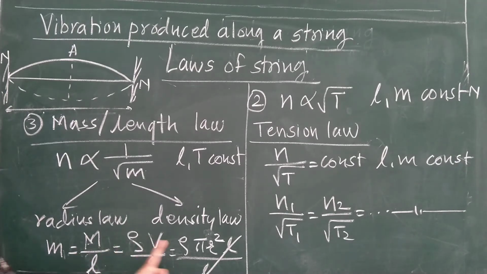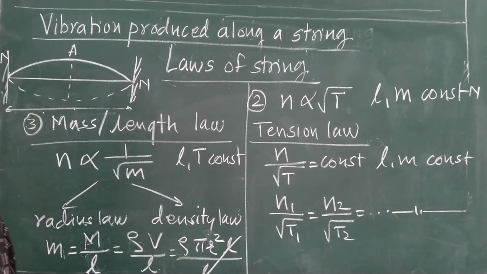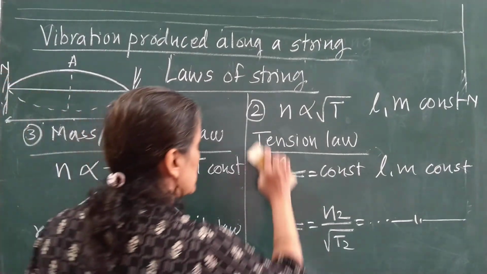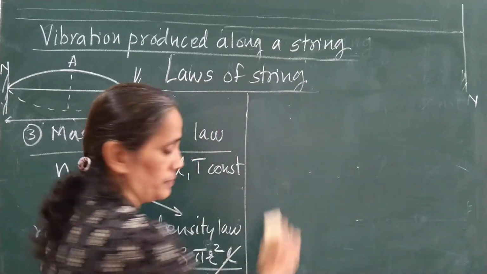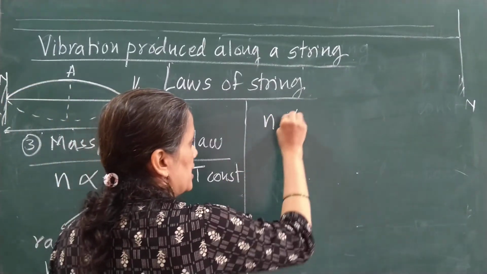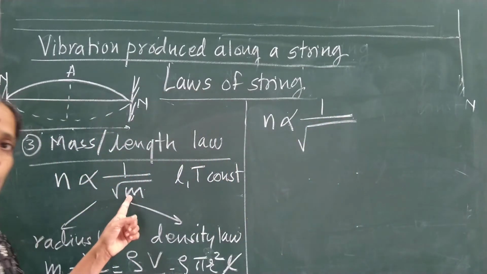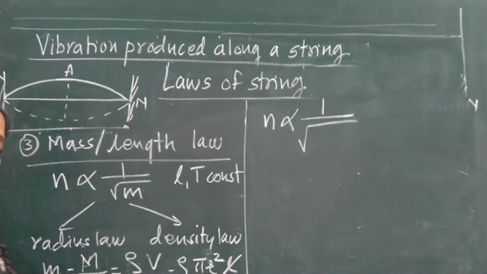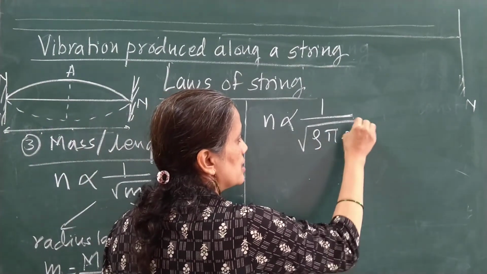Mass per unit length is equal to rho into pi r square. So now my mass per unit length law I can write in this format. Here I can say that frequency is inversely proportional to the square root of, instead of mass per unit length, its value: rho pi r square.